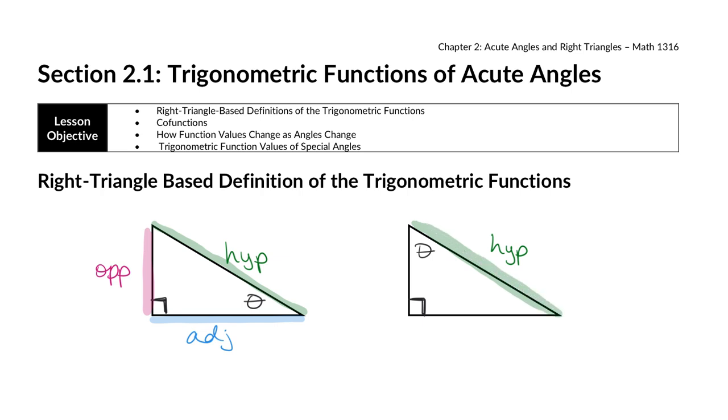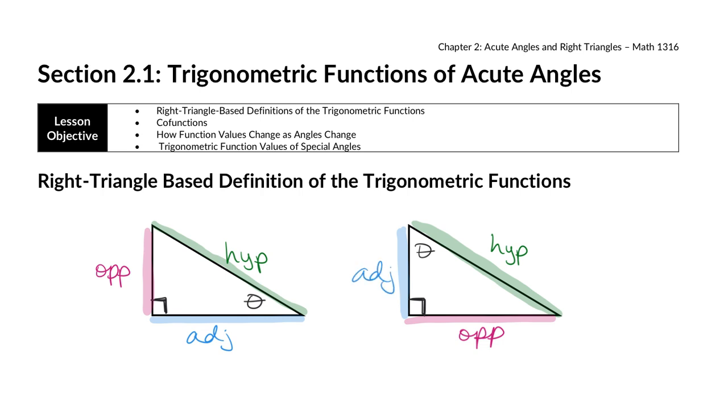Would they stay the same, labeled opposite and adjacent? No, because I changed the reference angle. Now this one flat down there is the one that is opposite to our angle theta. And the one that goes up and down is the adjacent side.